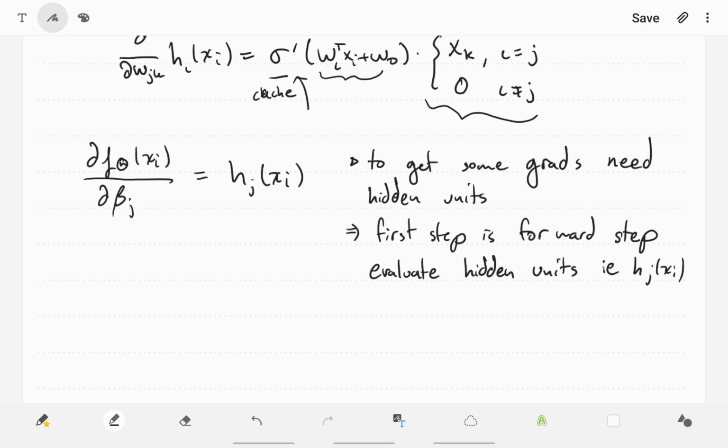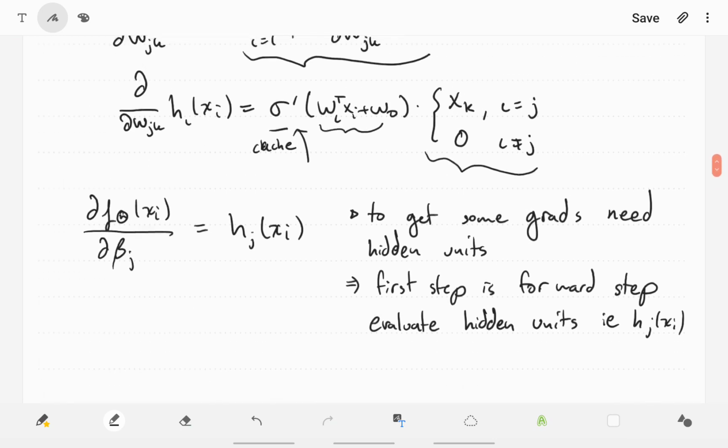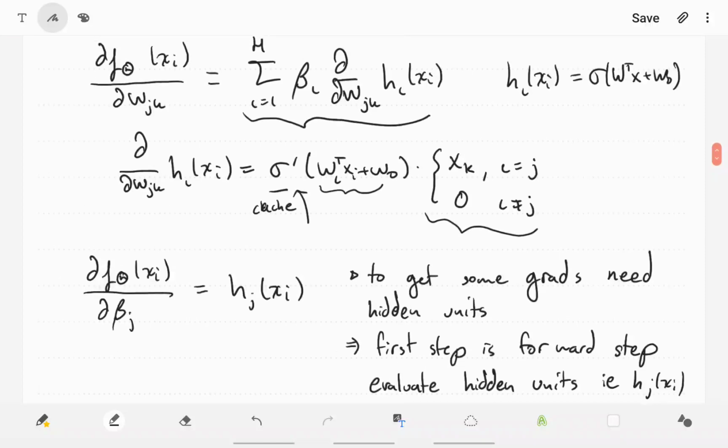Now, once we have all of these hidden units evaluated, we need to go back and calculate all of these gradients in sequence. So we would start with the betas. We would calculate its gradients in this way. And if there was an activation function or nonlinearity, such as the softmax, that happened before this f sub theta, say for example the outputs were the probabilities for multi-class classification, then we would need to calculate the gradients with respect to the betas.